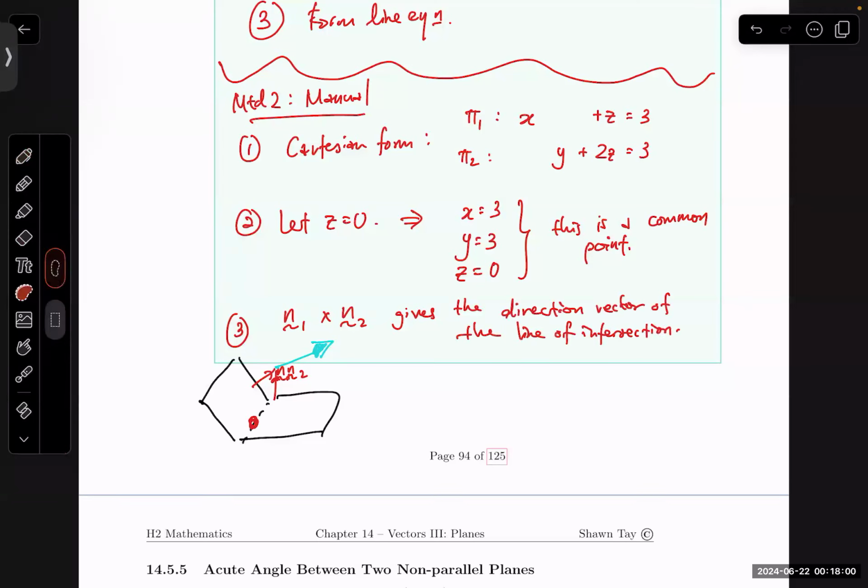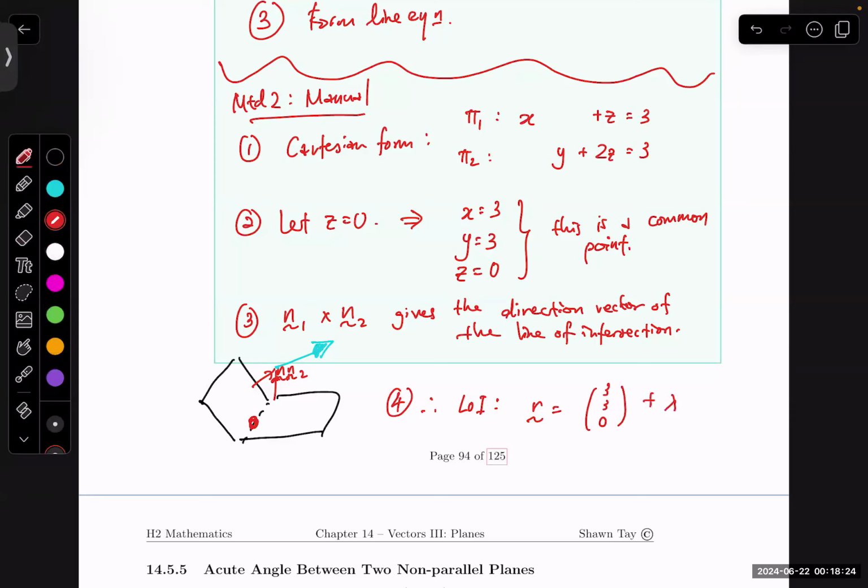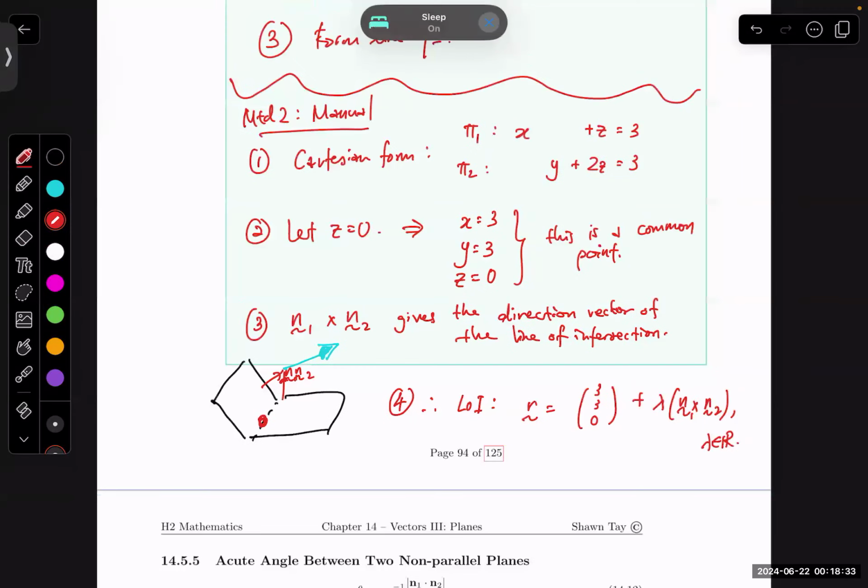Now I have a point on the line, because that's a common point, and the direction vector. Therefore, the line of intersection is r equals (3, 3, 0), the position vector of the common point, plus lambda times n1 cross n2, lambda in R. This is how you get the line equation.